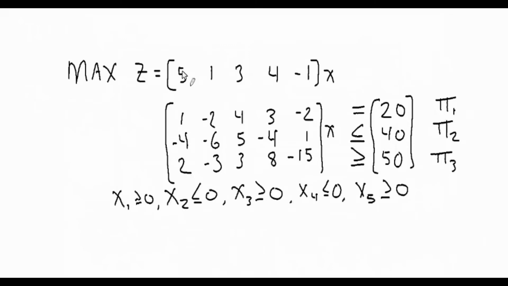We now have 3 more dual constraints to construct, and I'm not going to go through the step-by-step details for each one. Instead, I'm going to ask you to do that, but notice the patterns that exist here. x sub 1 is greater than or equal to 0, so is x sub 3, and so is x sub 5. So the dual constraints corresponding to these 3 decision variables will be of the same form.